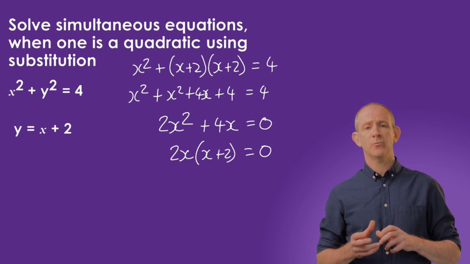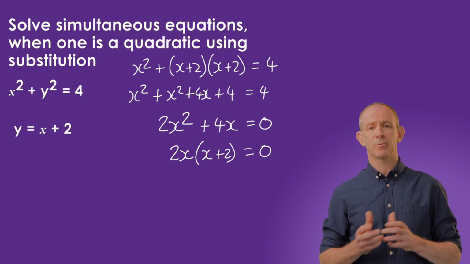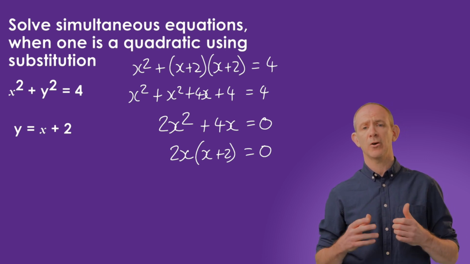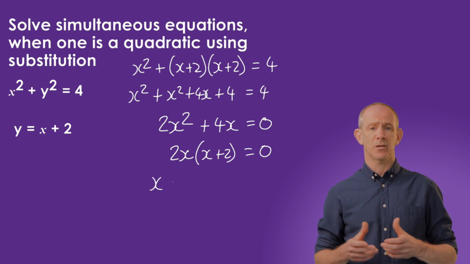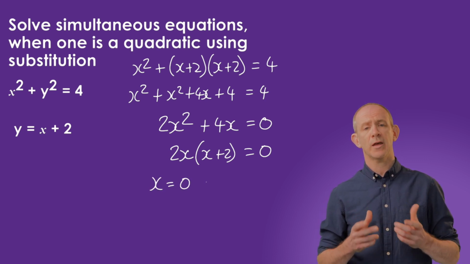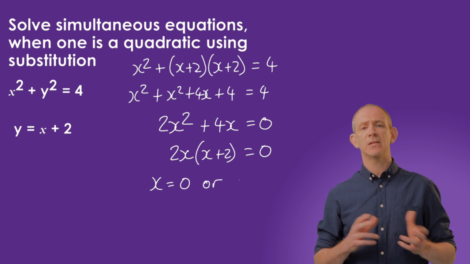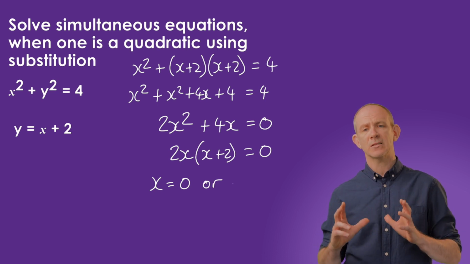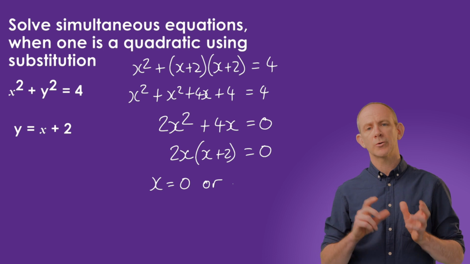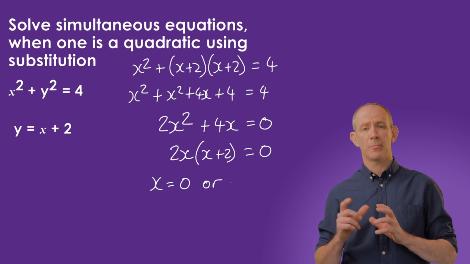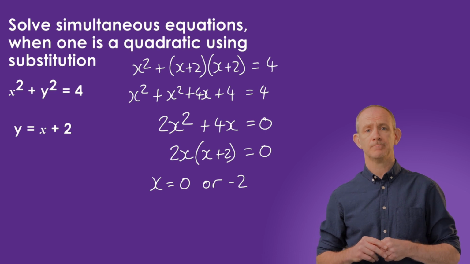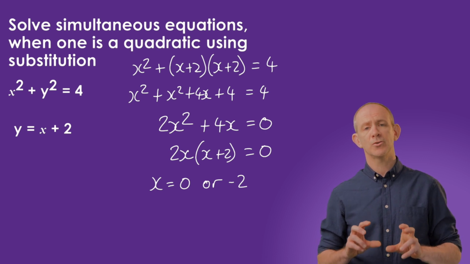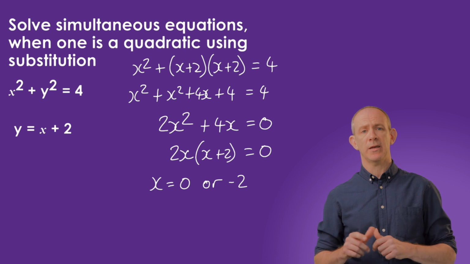The first one would be whatever x is to multiply by 2 to get 0, and we know that if you multiply anything by a number to get 0, the answer is going to be 0. So we know that x will equal 0 there, and on the inside of the brackets we need to make that equal 0. So what would we add to positive 2? We'd add negative 2 to get 0. So we've got our solutions for x, which are 0 and negative 2.